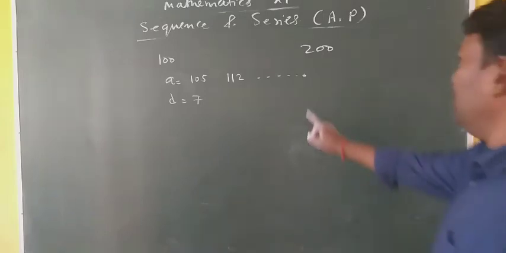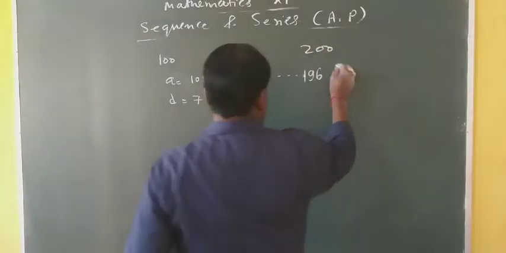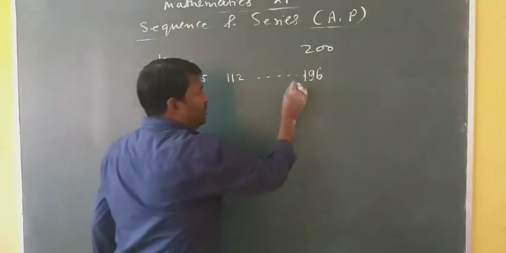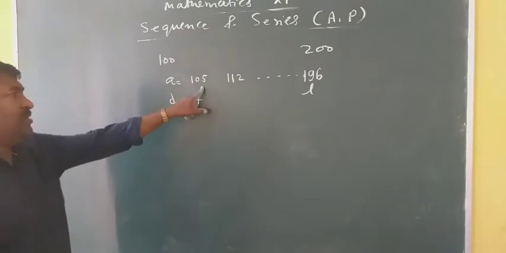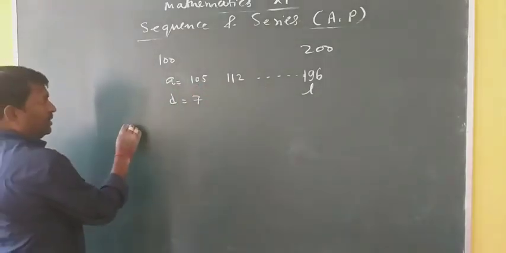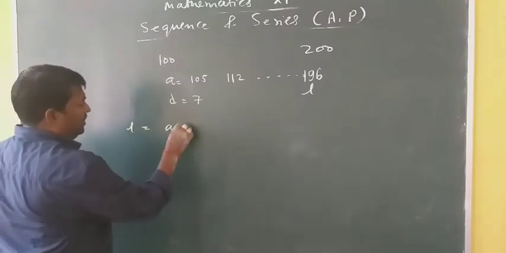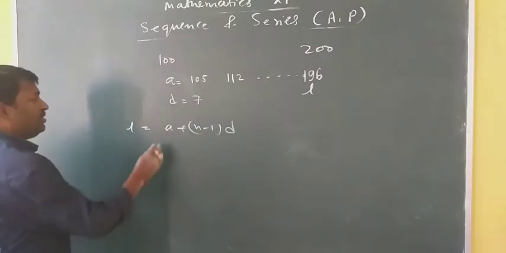Alright. So, here the last number is 196, which is in between 200. So, this is your last number, 196. a is your first number. And how many terms are there? Can you find? Of course, by using that l is equal to a plus n minus 1 into d. By using this formula, you can calculate n.